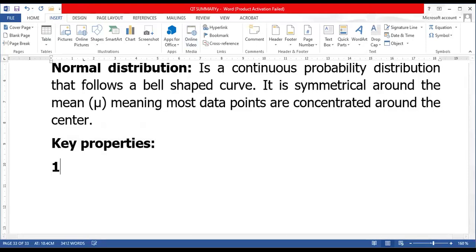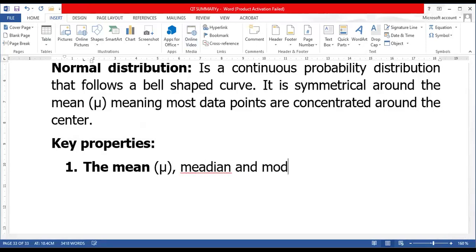Number one is that the mean, that is mu, the median and the mode are the same when we are talking about the normal distribution. That is property number one. Easy to recall for your exam purpose.